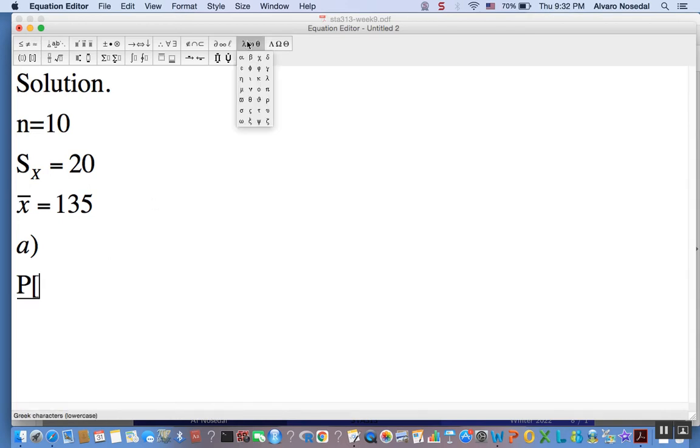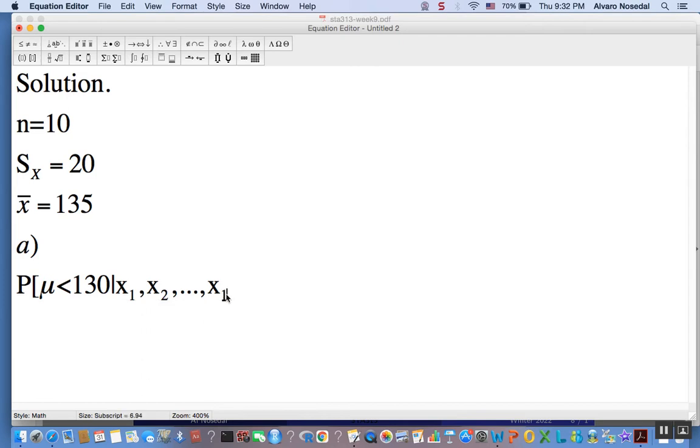Let me write it down like this: the probability that mu is less than 130 miles given our sample, x1, x2, up to x10. We have a sample of size 10. That's what we want.